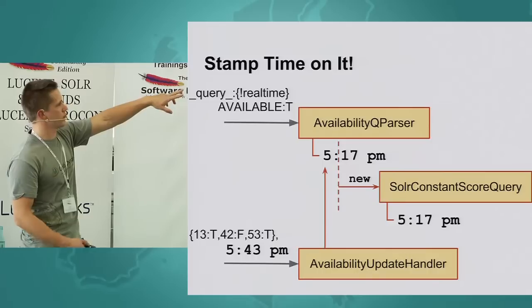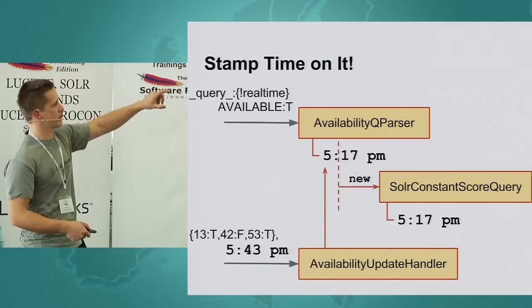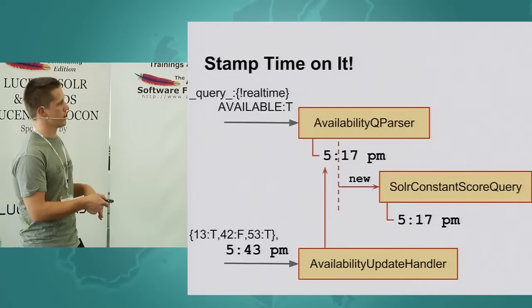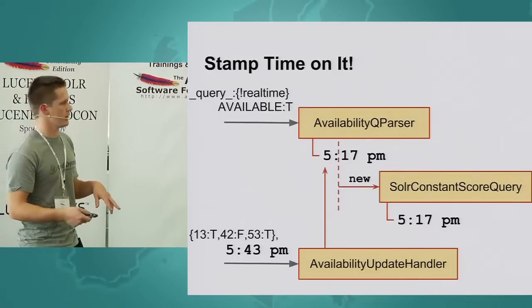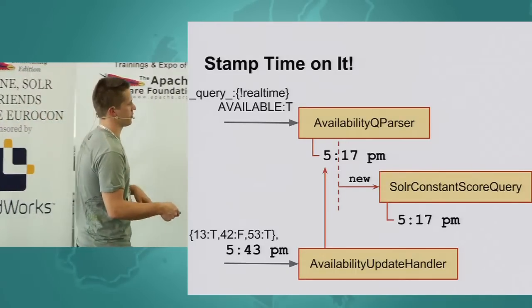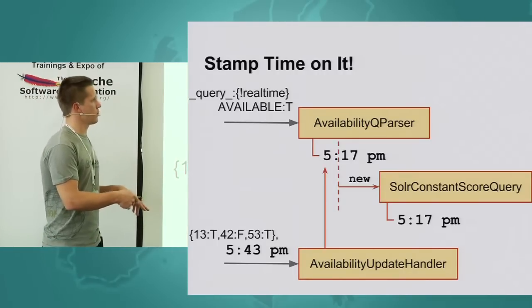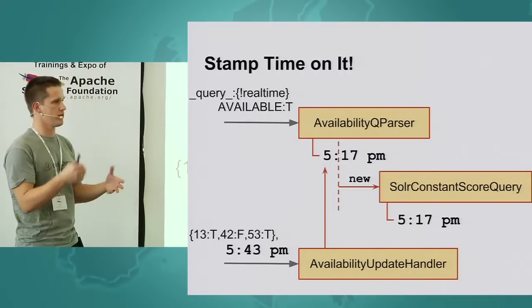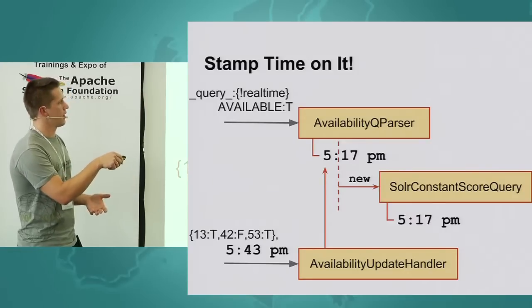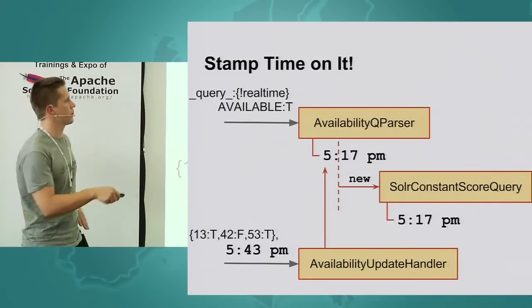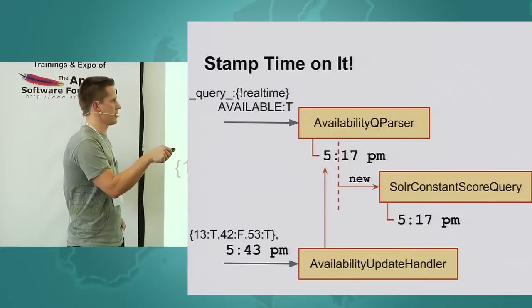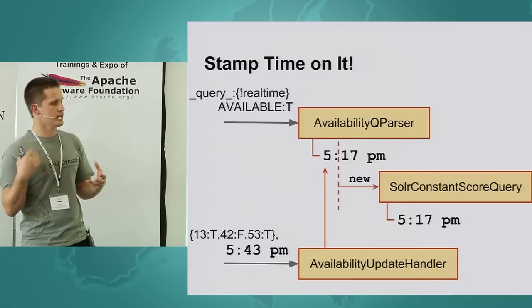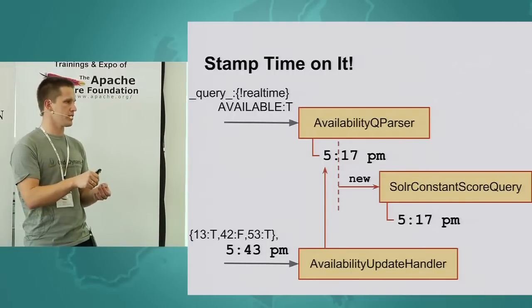We propose to hold a timestamp in the QParser and put the timestamp into every query instance. When we handle an availability update, we put the new timestamp into the query parser, as the timestamp of the last update. After we update the timestamp in QParser, it will create query instances with a different timestamp.